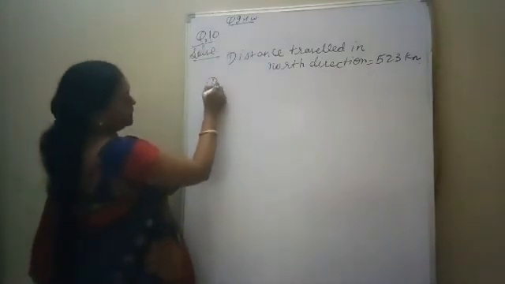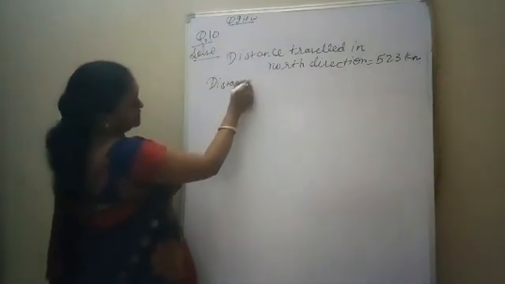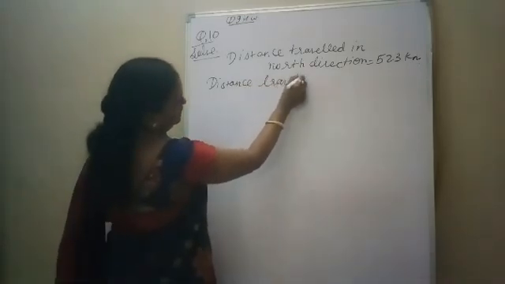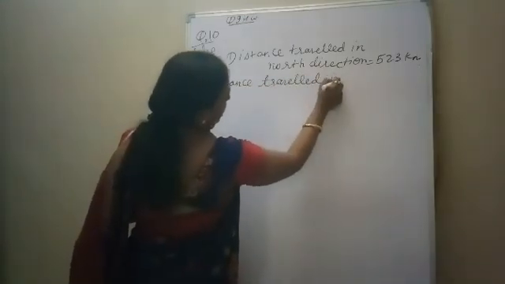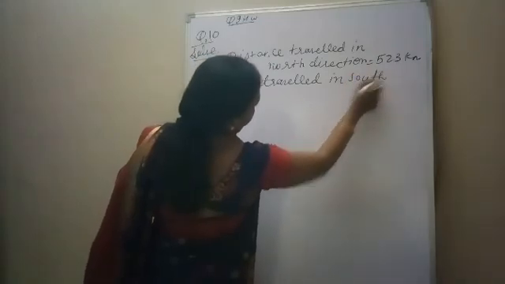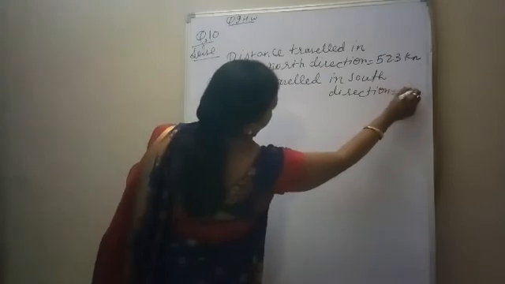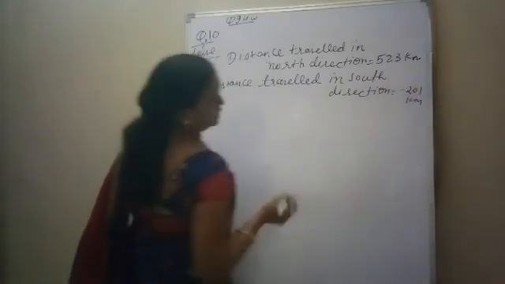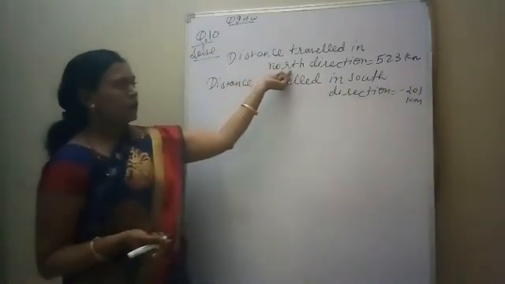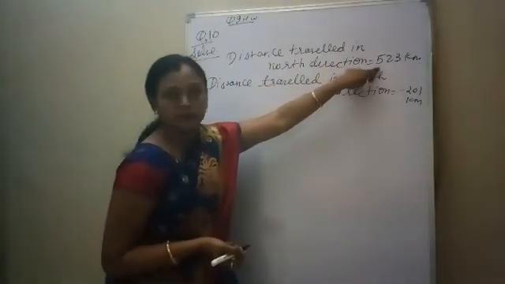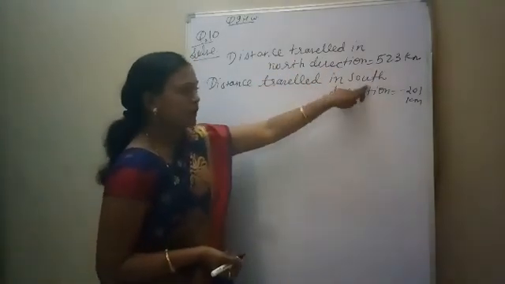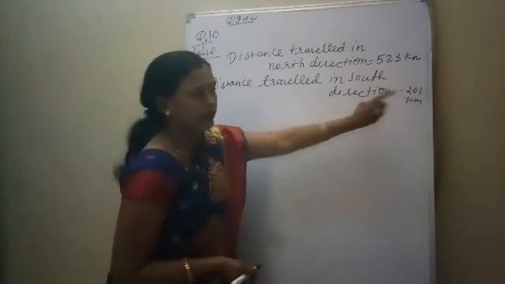Now the distance traveled in the south direction is minus 201 km. Look here, the north direction is shown by the positive integer and the south direction is shown by the negative integer.